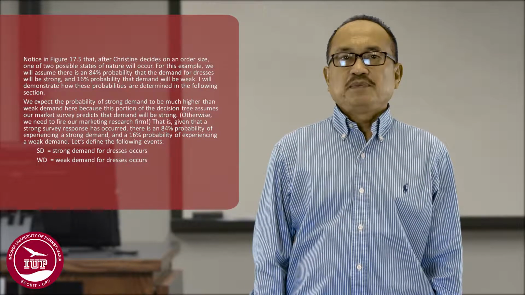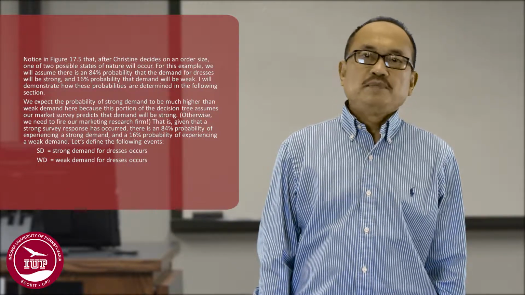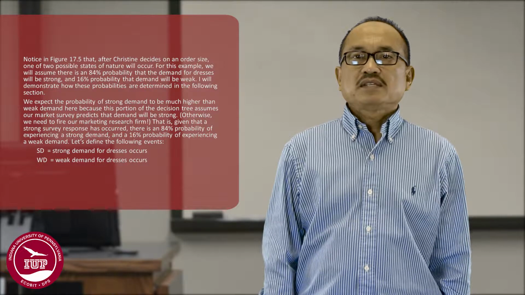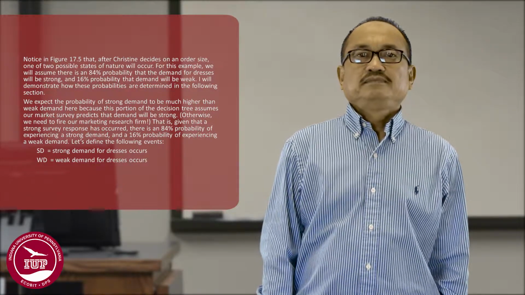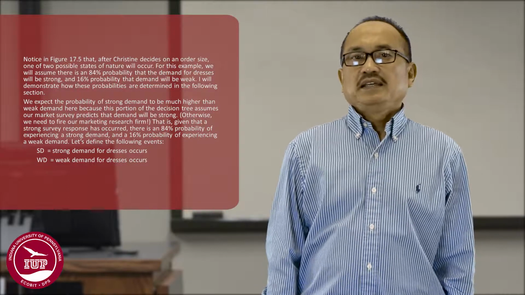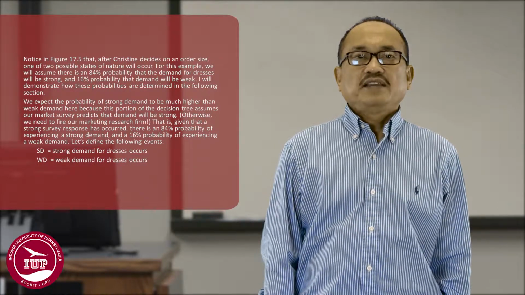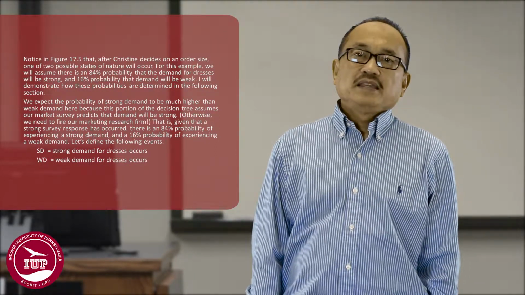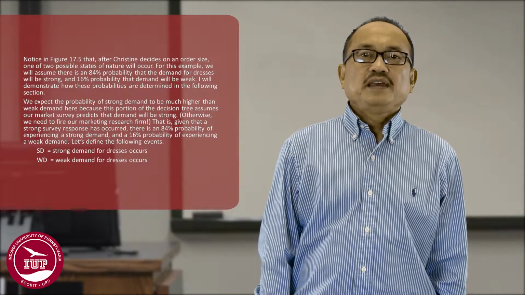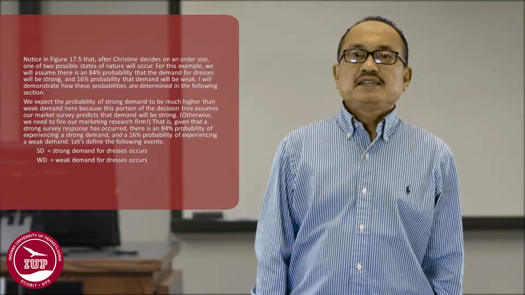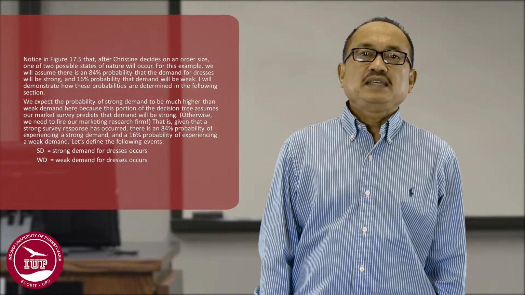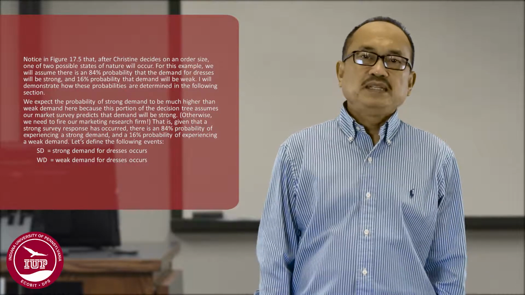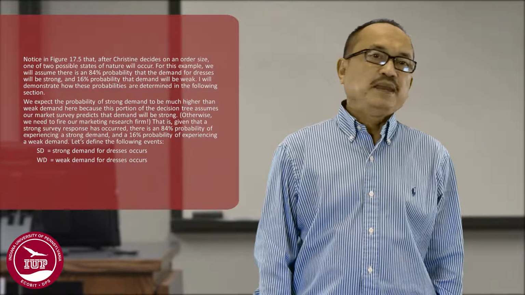We expect the probability of strong demand to be much higher than weak demand here because this portion of the decision tree assumes our market survey predicts that demand will be strong. Otherwise, we need to fire our marketing research firm. That is, given that a strong survey response has occurred, there is an 84% probability of experiencing a strong demand and a 16% probability of experiencing a weak demand.